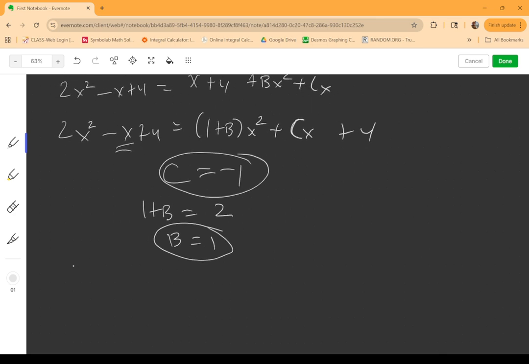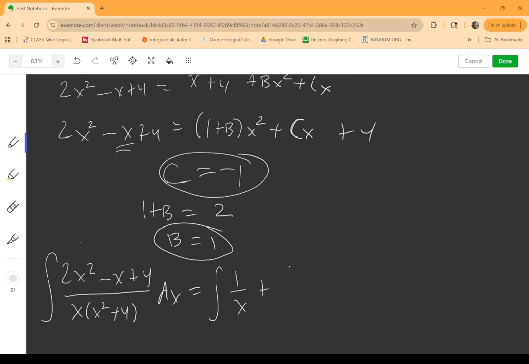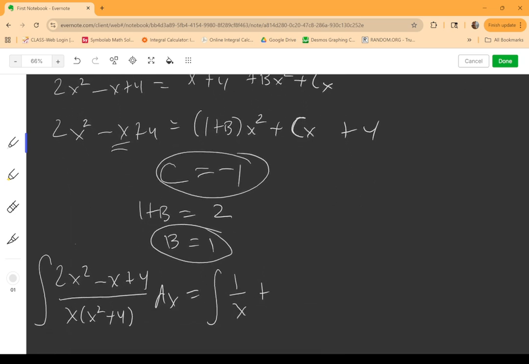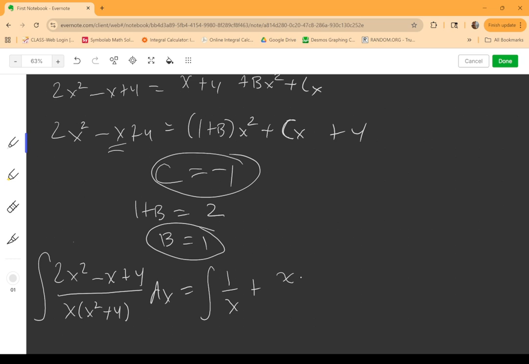The integral of 2x squared minus x plus 4 over x times x squared plus 4 dx turns out to be a over x, which a we said was 1, so the integral of 1 over x plus b, which is 1, so x minus 1 over x squared plus 4 dx.